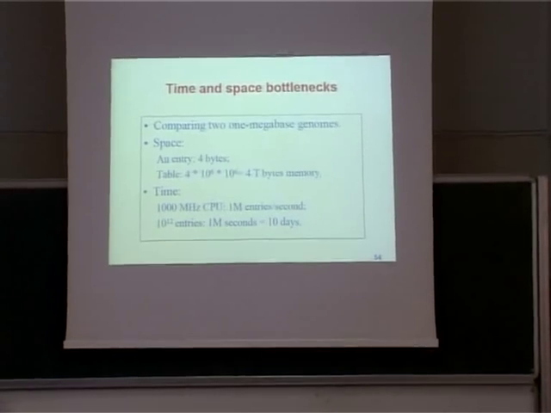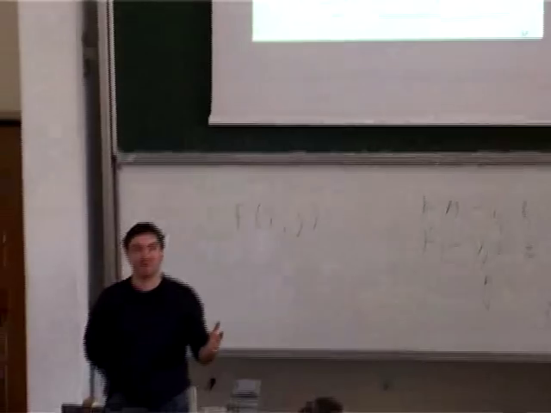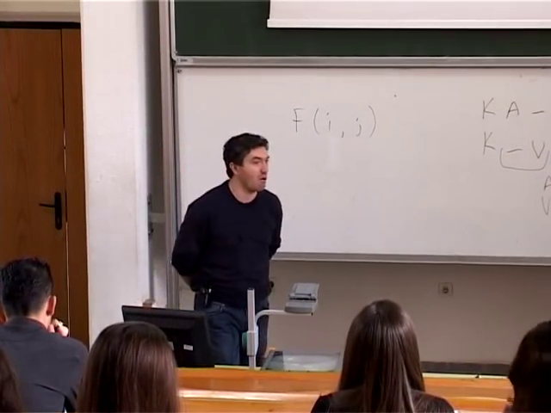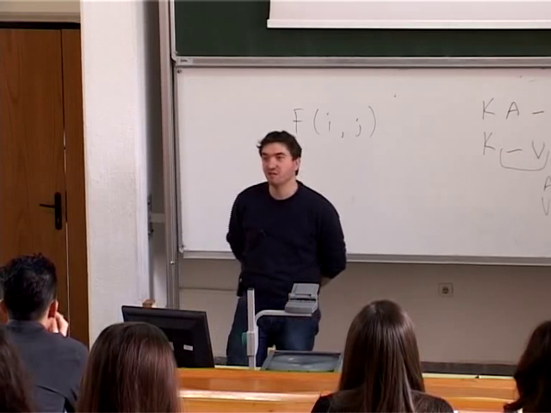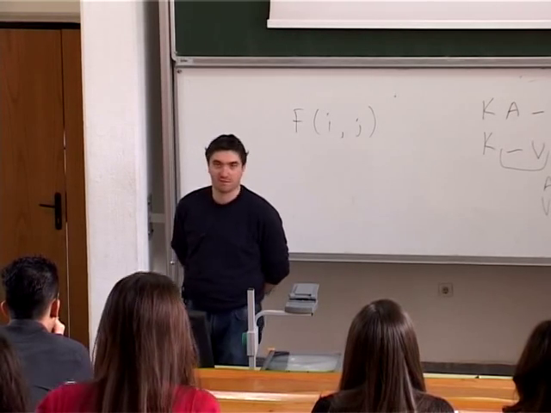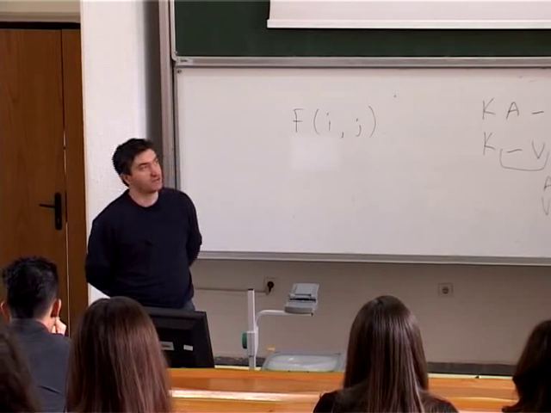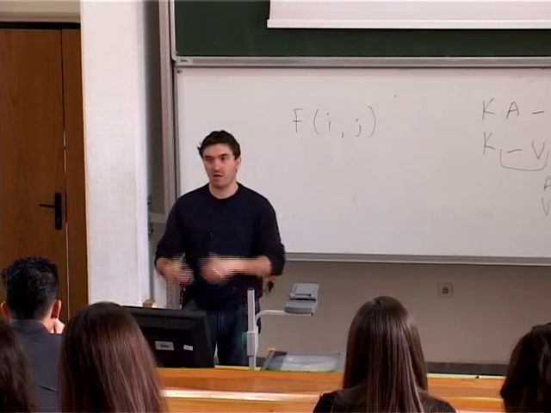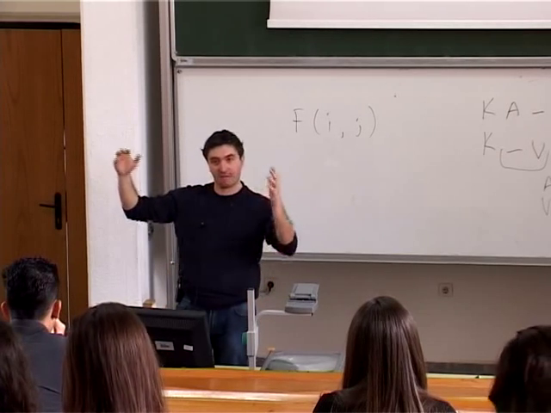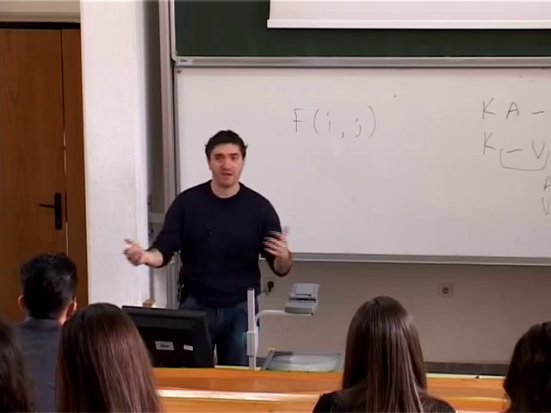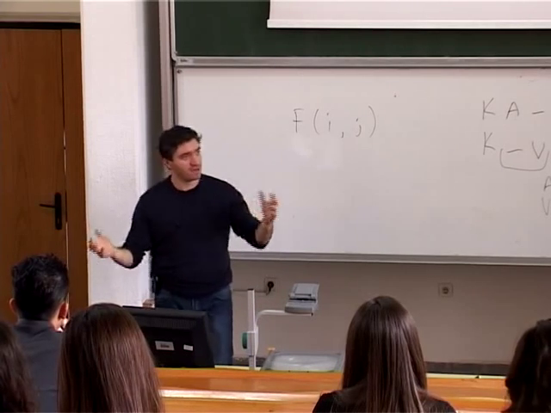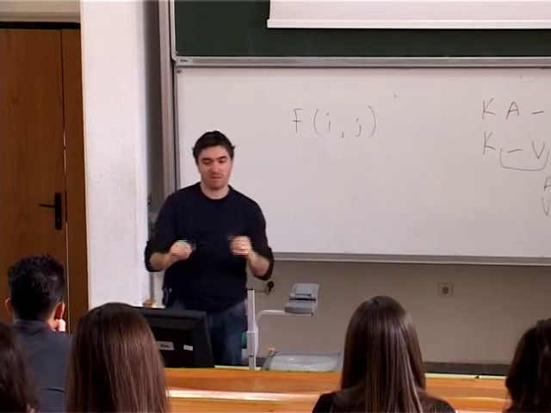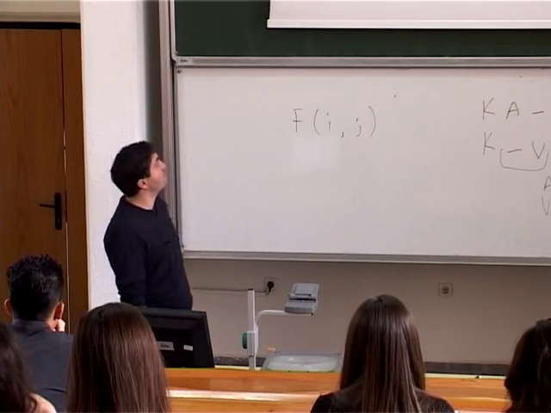Okay, so if we have a bacterial genome, maybe 2 bacterial genomes, each of them 1 million characters long, and we use Needleman-Wunsch global alignment or Smith-Waterman local alignment to align these 2 genomes, to find out whether these 2 bacteria come from the same strain, or maybe a viral genome, you may compare whether they're related to each other.